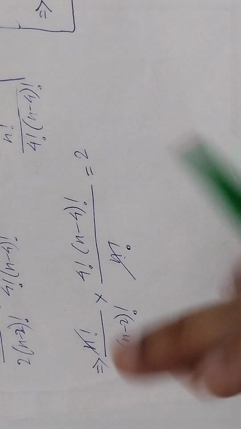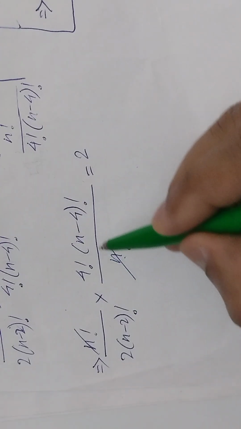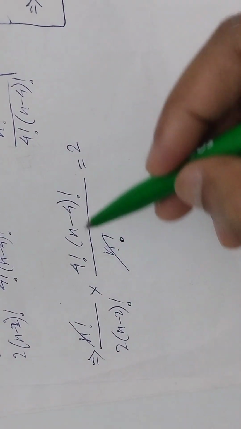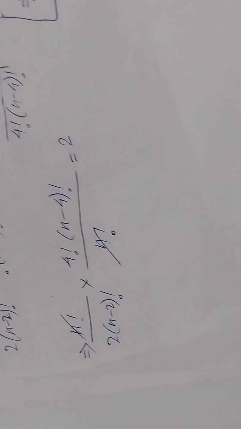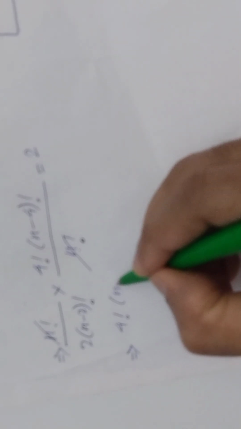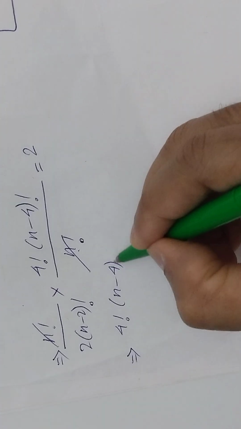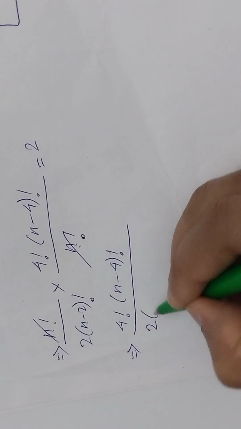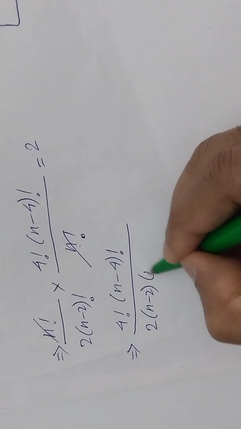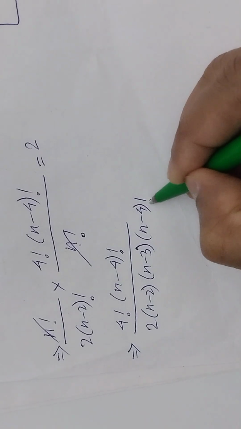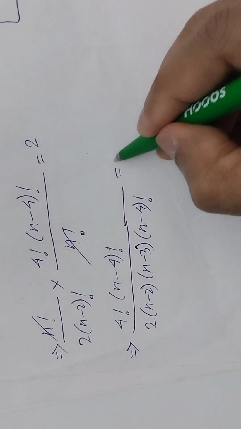Another thing, on the bottom is (n minus 2) factorial and on top is (n minus 4) factorial. So n minus 2 is greater than n minus 4. Now there is a possibility of cancellation, and we do it like this: n minus 4 factorial divided by 2 into n minus 2 into n minus 3 into (n minus 4) factorial is equal to 2.